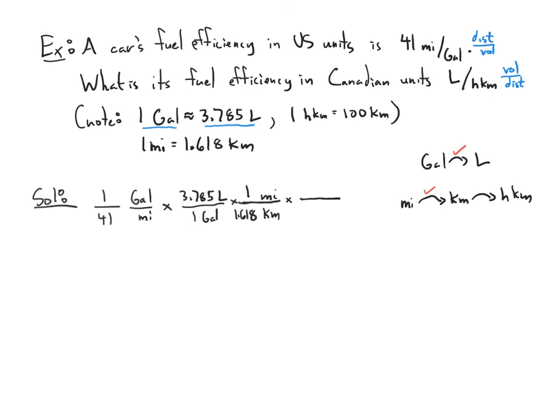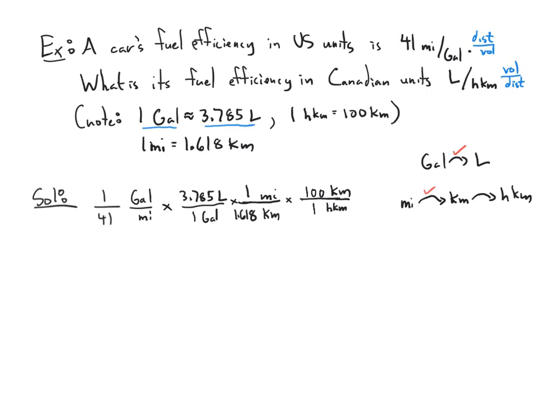So I want hectokilometers in the denominator and kilometers in the numerator, since it'll cancel out with this kilometers in the denominator. And I know that 1 hectokilometer is 100 kilometers.